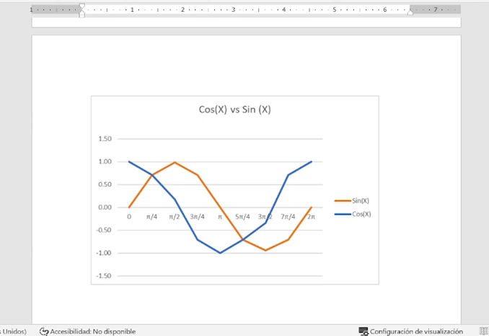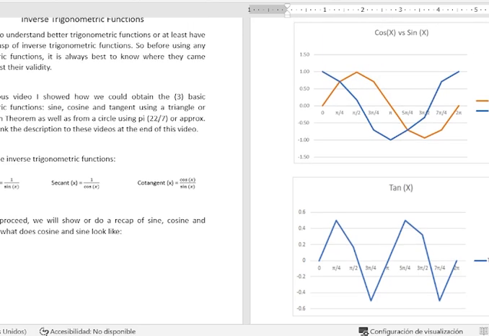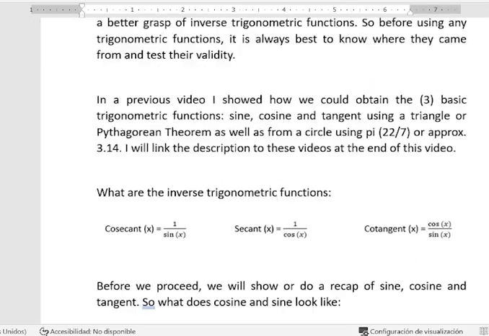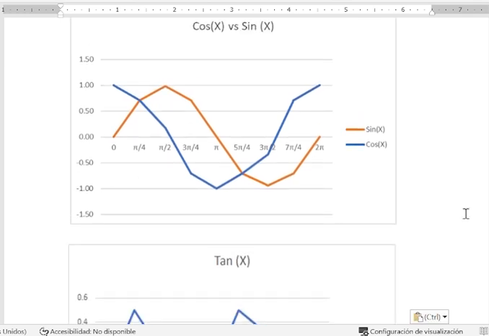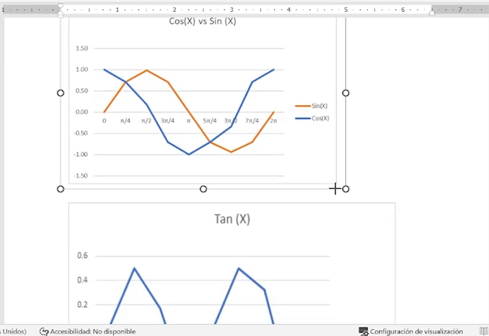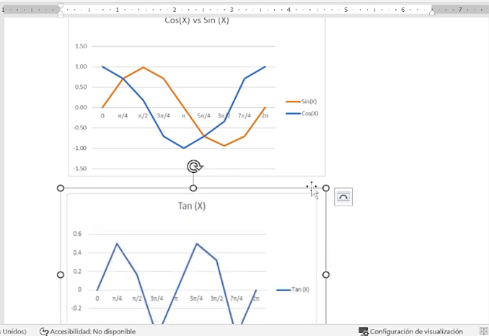For tangent, which is sine over cosine, this is a very rough sketch of what it looks like. And the reasoning is because, as we will show, when you compare sine and cosine, there are going to be parts where cosine is 0. So at pi halves and at 3 pi halves, tangent is not going to be continuous.